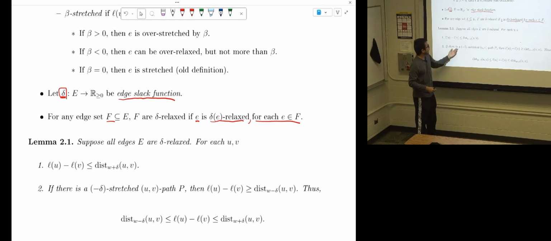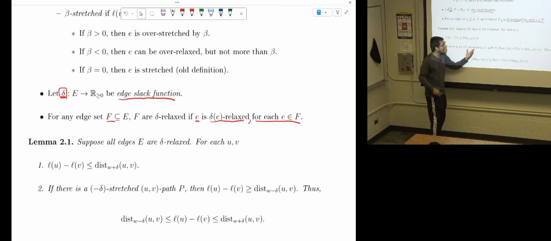And if there is a minus delta stretch path, what does it mean? It means that every edge on this path is almost tight, but it can be relaxed a bit by delta.